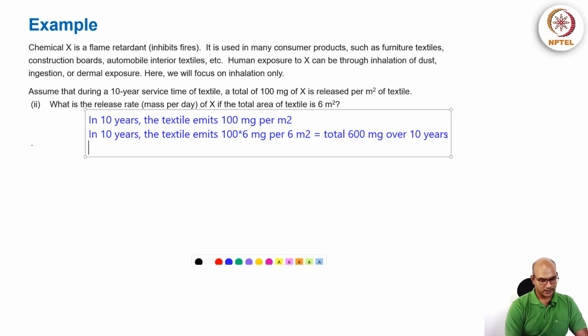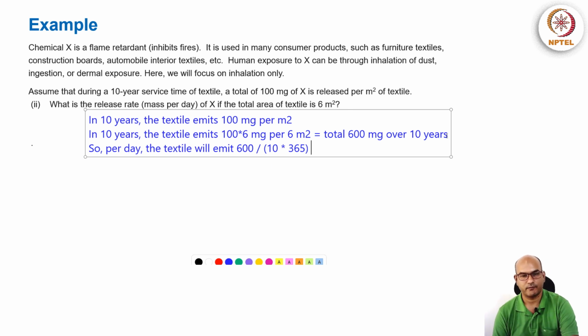So what about per day? Per day the textile will emit 600 divided by 10 years multiplied by 365 days per year. Right?